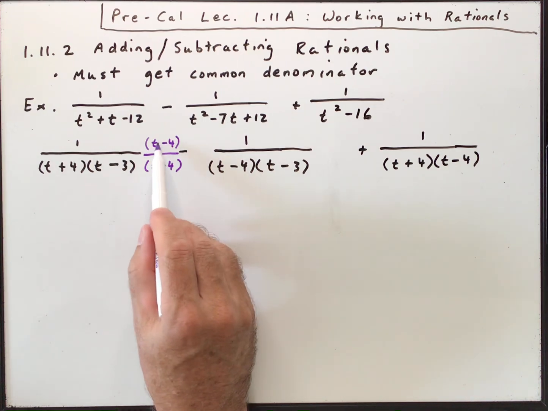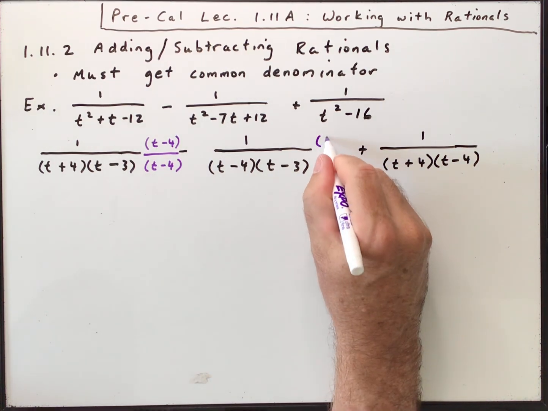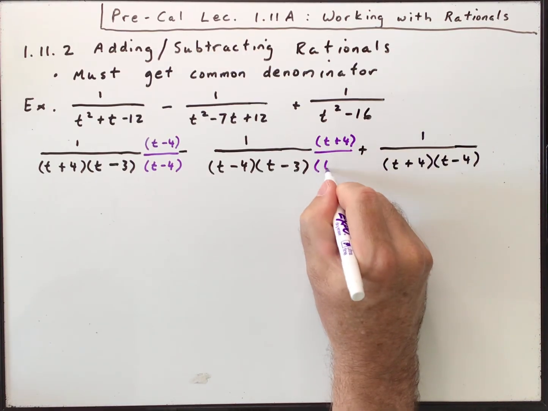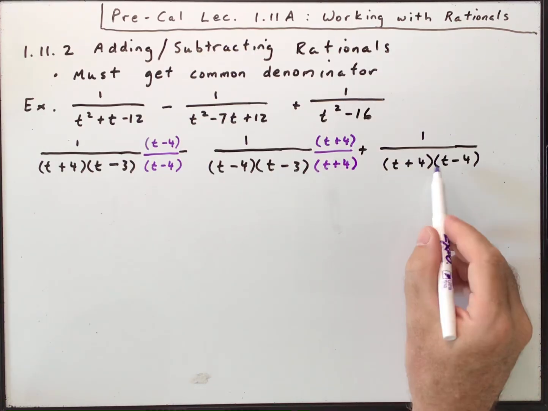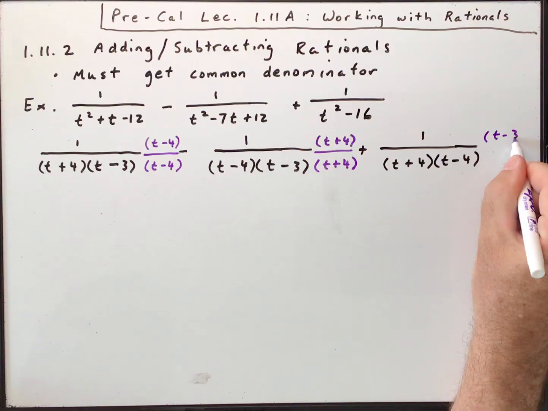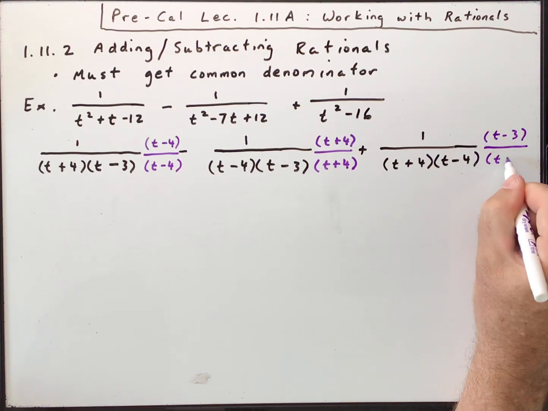That's totally legal because that's just 1. This one's missing a t plus 4. So I'm going to put in t plus 4 over t plus 4. And this one's missing a t minus 3. So just put it in. T minus 3 over t minus 3.